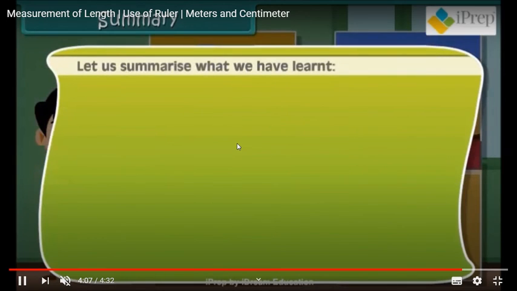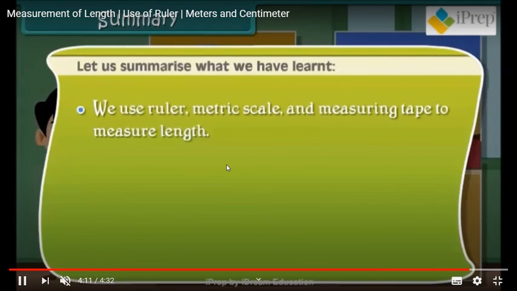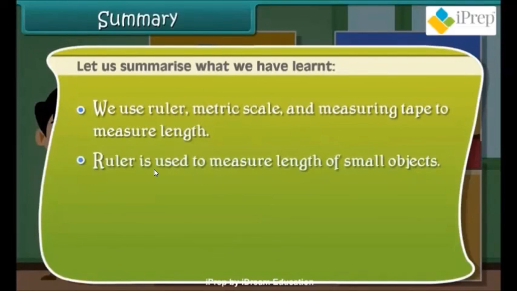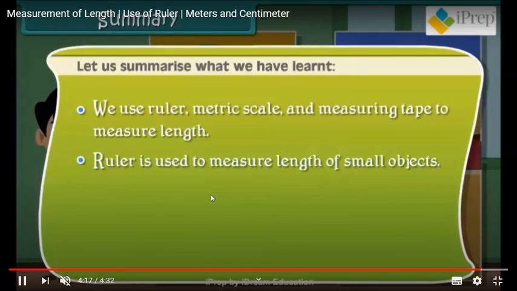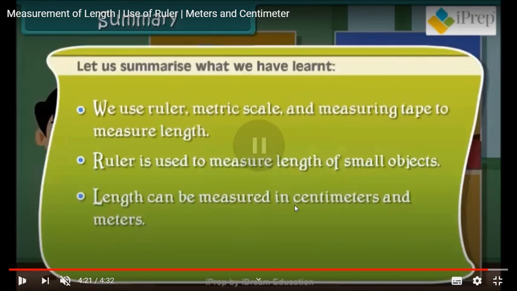Let us summarize what we have learned. We use ruler, metric scales and measuring tape to measure length. Please note this point: ruler is used to measure the length of small objects.